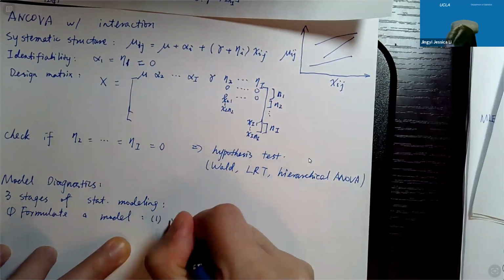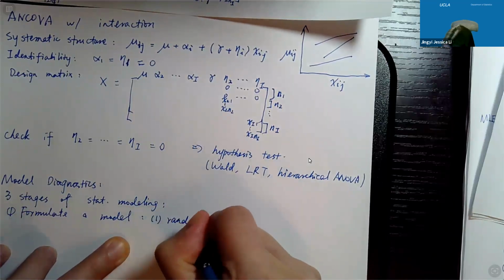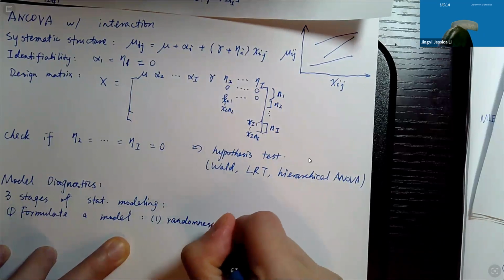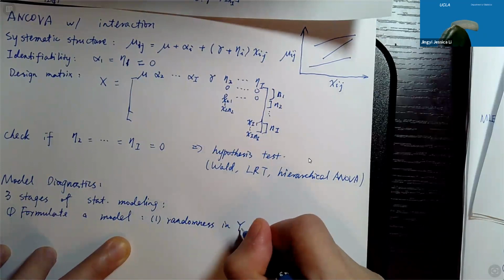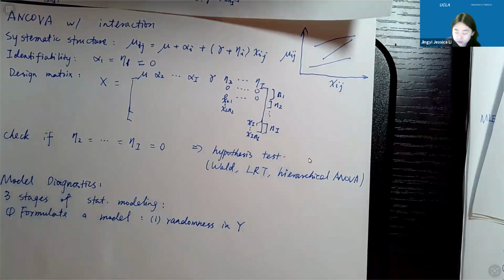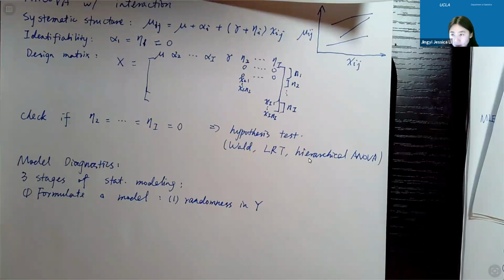So first one is the randomness in the response Y. Specifically here, we consider the randomness to be something that's not captured by the linear part of the model, right? The error term.